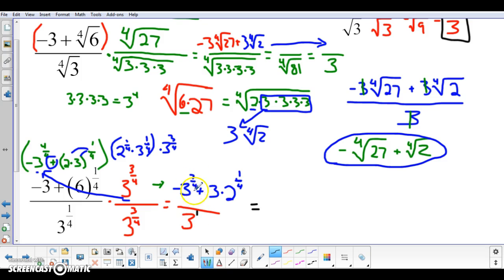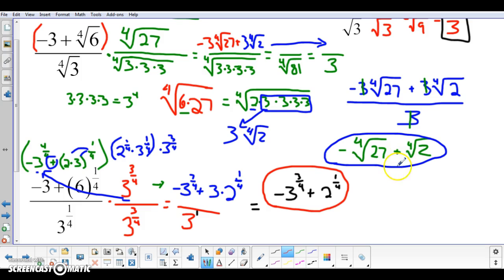Well, 7/4 minus 4/4 is 3/4. So I have -3 to the 3/4 power. And this is canceled. Then this will also cancel because 3 divided by 3 is 1. So I have plus 1 times 2 to the 1/4 power. And that would be a nice acceptable answer because there's nothing in the denominator and I have only positive exponents.